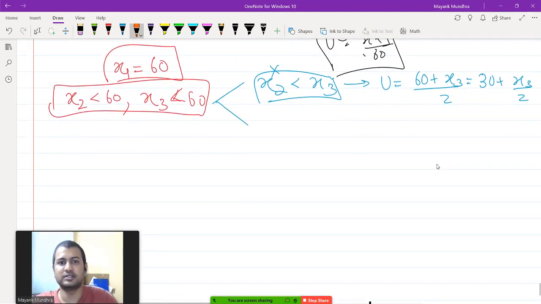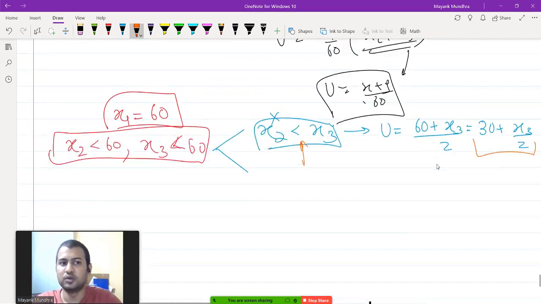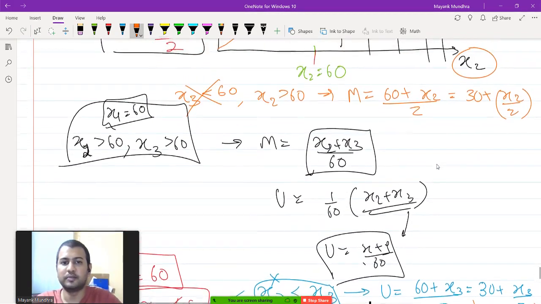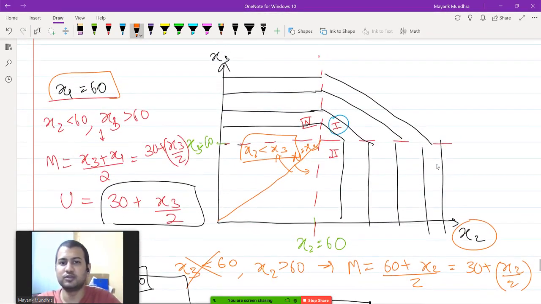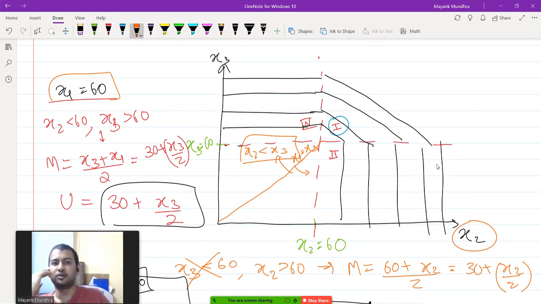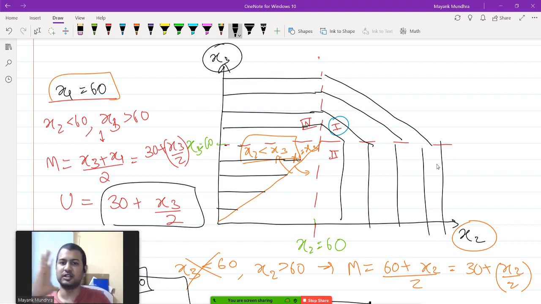When x2 is less than x3, you have utility equals 30 plus x3 by 2. So your utility is only dependent on x3 values, which means the ICs will basically look like this here. For all values of constant x3, the ICs are going to be the same. Similarly here, the ICs you will get like this.